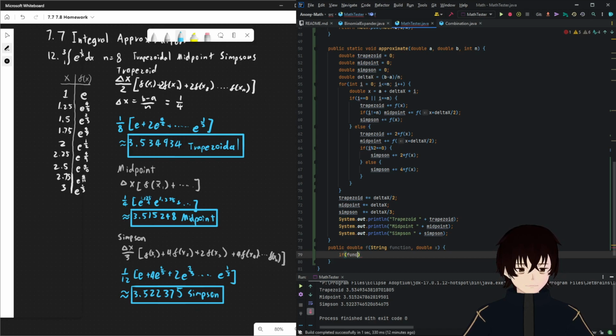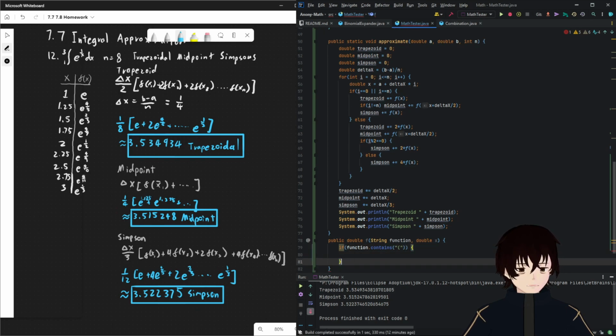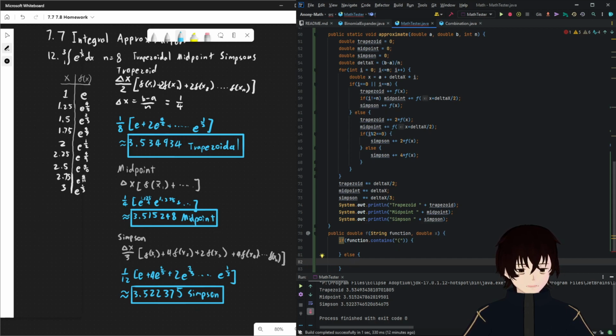If the function's index of contains parentheses, else. Imagine I have no parentheses. Oh my god. But then I would need to get all the plus, minus, multiplication, division.